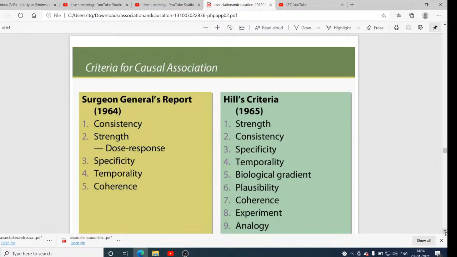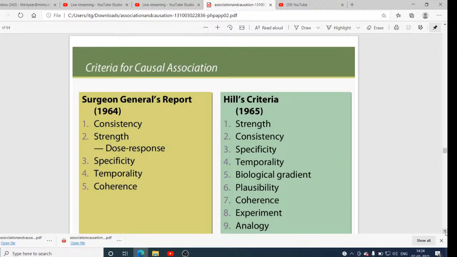Now, criteria for causal association are from the Surgeon General, created in 1964-65. The criteria are consistency, strength, dose response, specificity, temporality, and coherence.